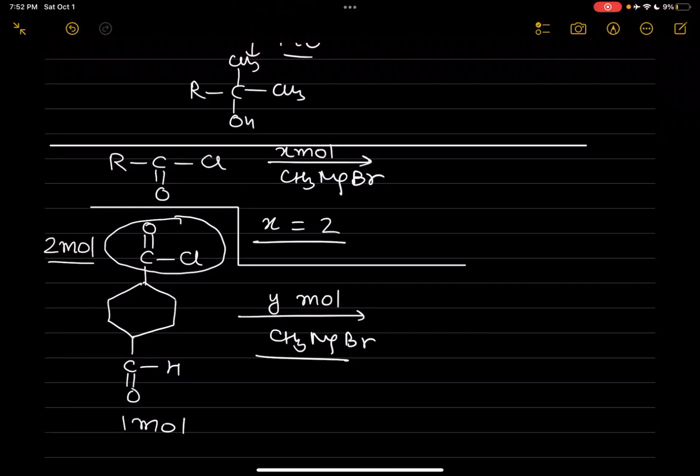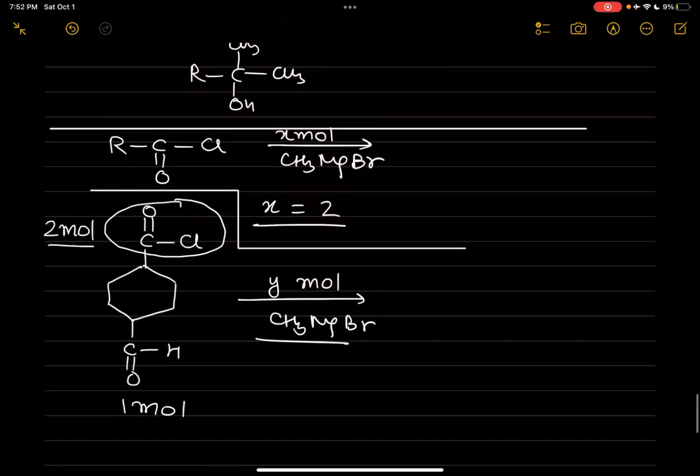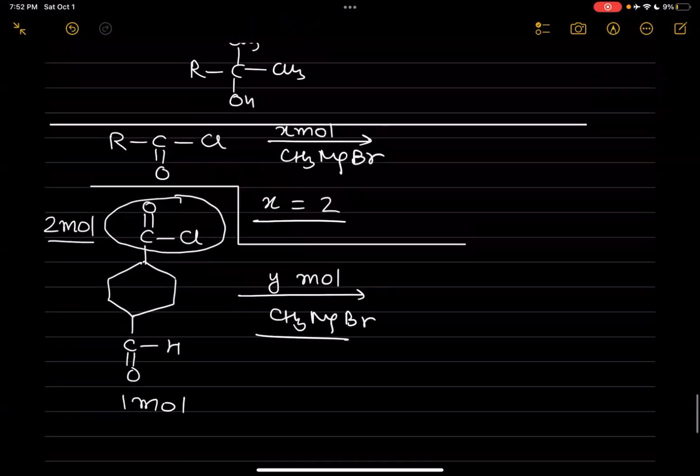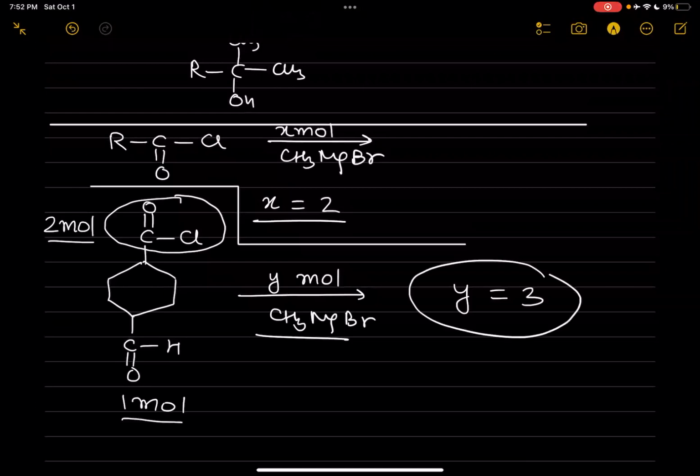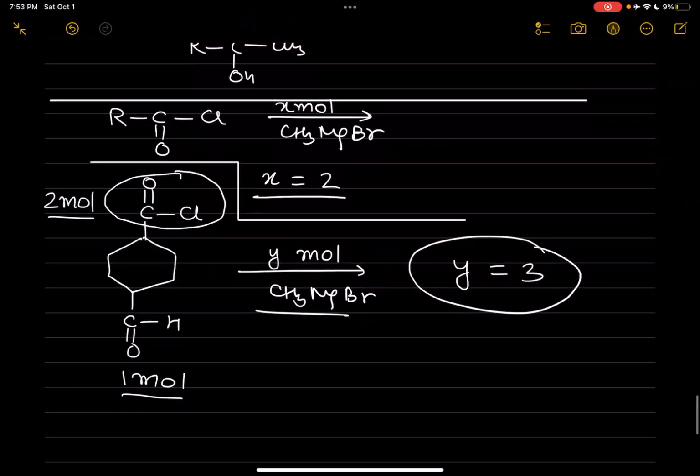And what about this one, for an aldehyde? Is it going to add 1 mole or 2 moles? Is there any leaving group?